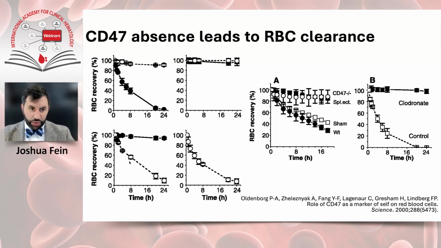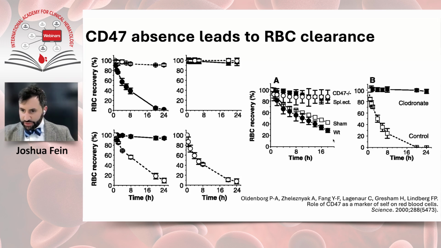And so this is a RAG1 double negative mouse, and in the RAG1 double negative setting, the same effect is observed. You still see that if CD47 double negative cells are given to the mouse, they are depleted. So it's not lymphoid dependent. And then on the right, this is a complement, a C3 negative mouse. And again, it's not complement dependent. The same effect is seen.